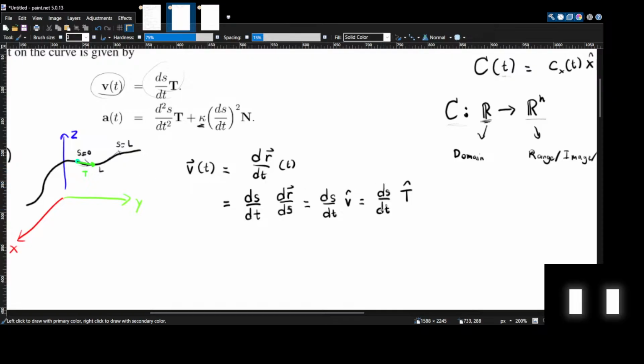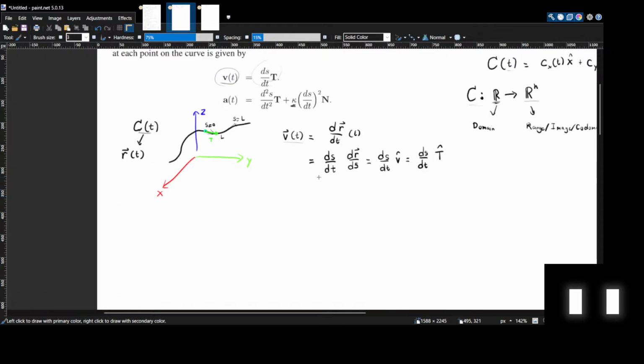So this ds by dt becomes the speed of the particle. Then T hat shows us in which direction it's moving. You multiply these two together and you get the velocity vector, which is the speed and the direction of the particle. Makes sense? It should make sense.